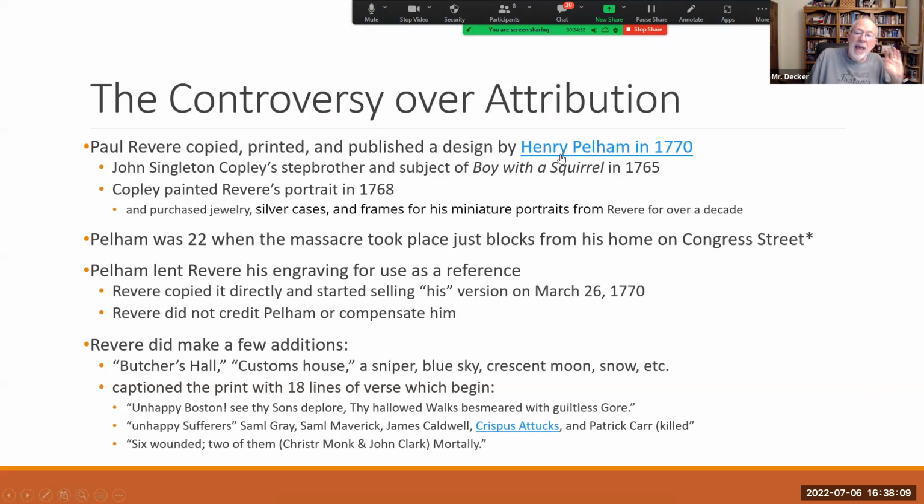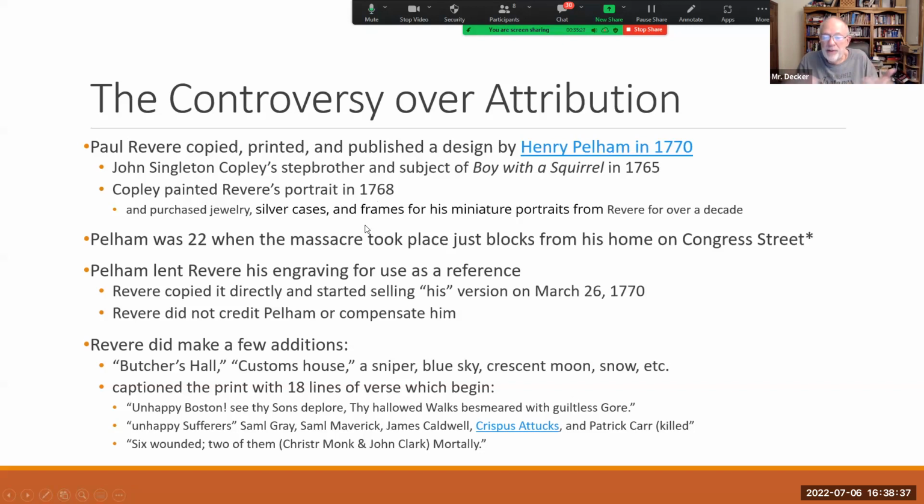So Henry is the one who made the original design of this Boston Massacre. Remember that Copley painted Paul Revere's portrait, one of the first artworks that we studied this year. He painted it in 1768. Copley, meaning John Singleton, also purchased jewelry and silver cases and frames for his miniature portraits from Revere for over a decade.